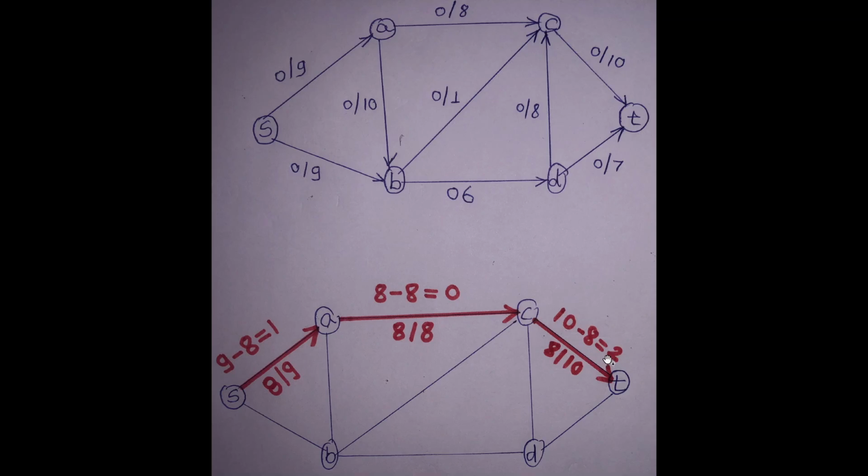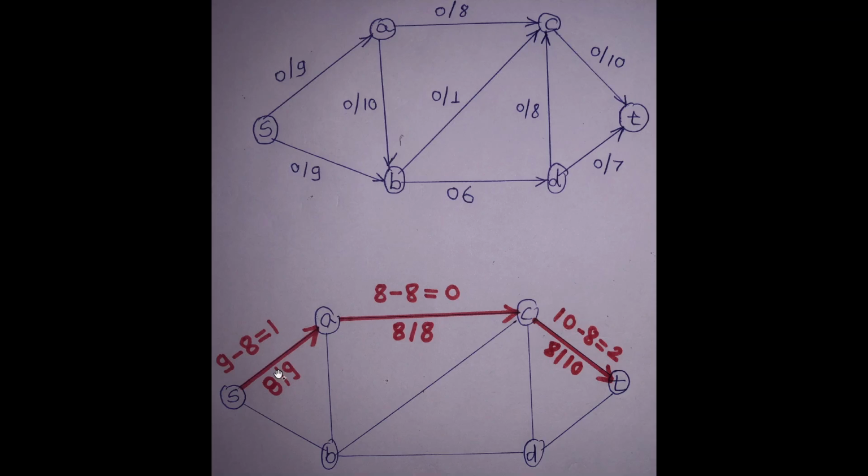That means the remaining capacity of this edge is 2, and we utilized 8.